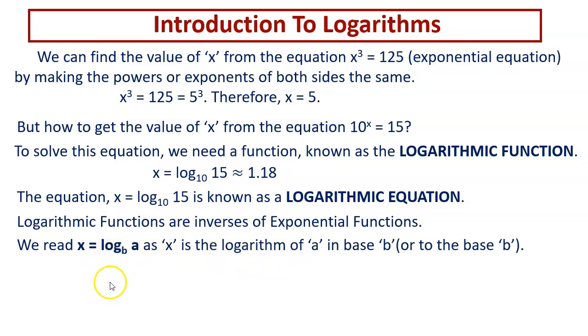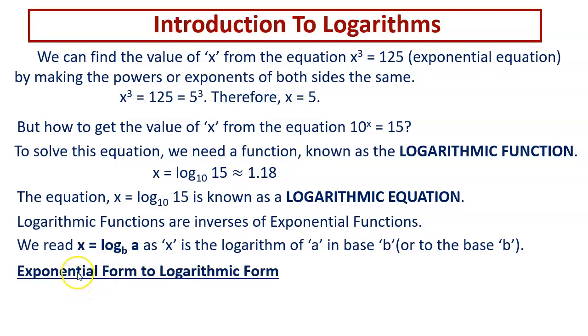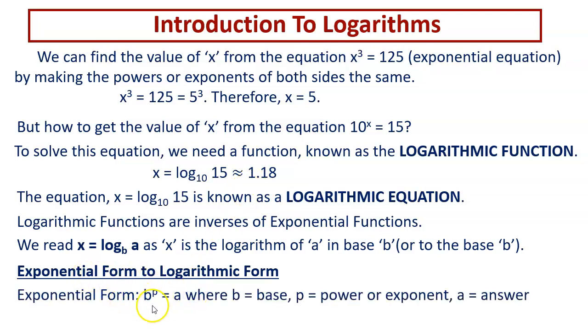So now coming to the changing of exponential form to logarithmic form, which is very often needed, and this is a very common topic where the students make some silly mistakes. Okay, so first of all, let us take up an exponential form or exponential equation. b to the power of p equal to a.